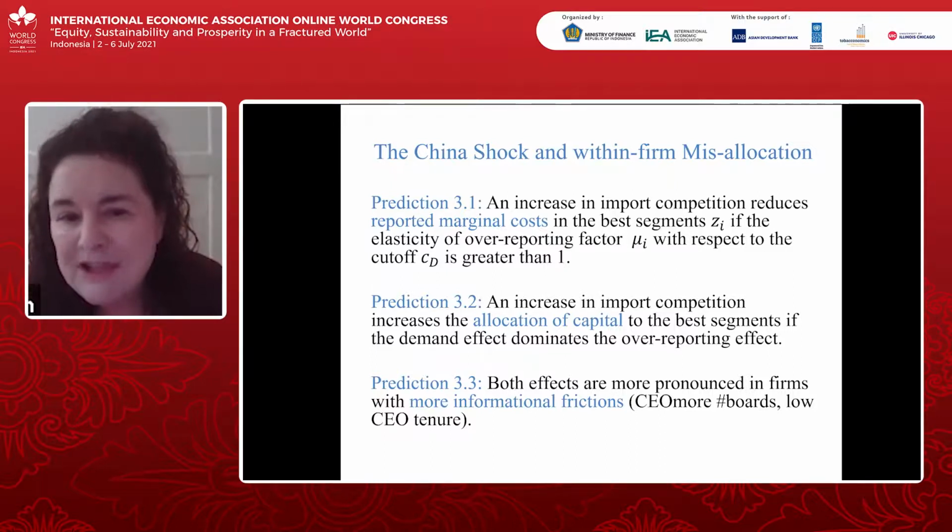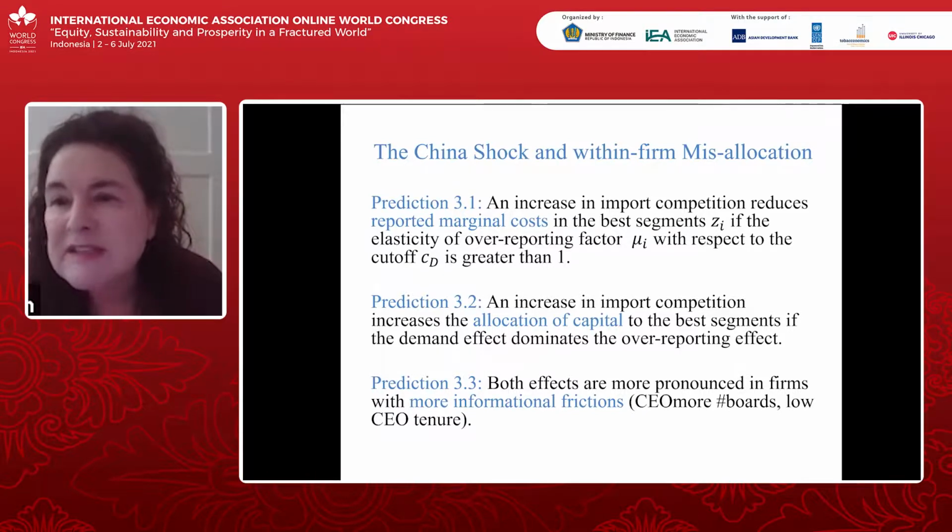So we are going to measure informational friction in the firm by the tenure of the CEO in the board, the top CEO in the board.